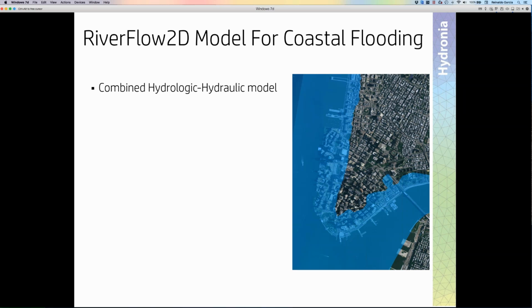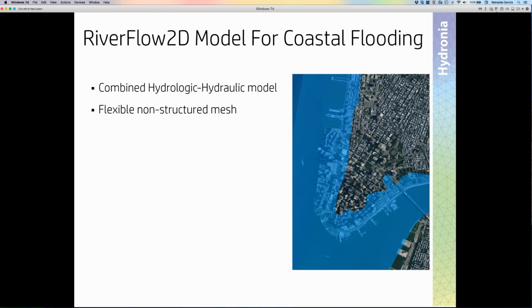Because it's a general purpose shallow water equation model that solves the full equations that are applicable not only to riverine environments, but also to floodplains and also coastal environments. And it is a combined hydrologic and hydraulic model, so it can simulate simultaneously the rainfall event and the hydraulic routing of the flooding.